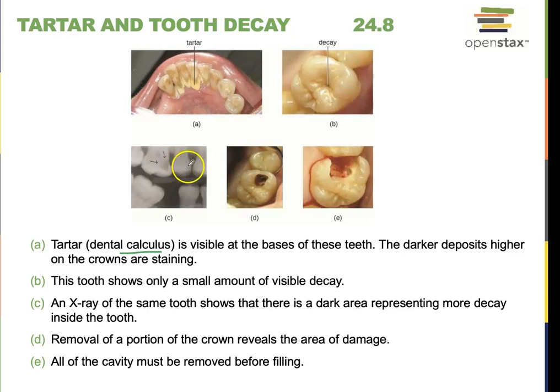So you have a normal tooth here that's very white and very dense. And then you start to see the black or the gray area. That's going to be an area picked up by an x-ray that's less dense. So it's going to be a hole or some kind of soft area where the bacteria has gone into and started to erode it. And then here's some other pictures of just teeth being damaged.